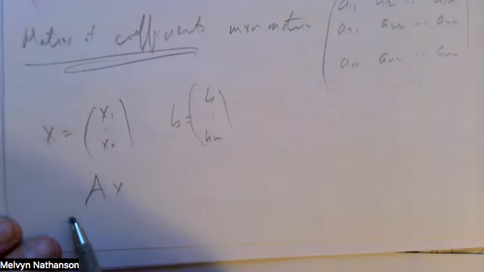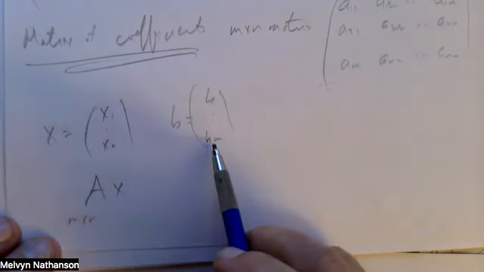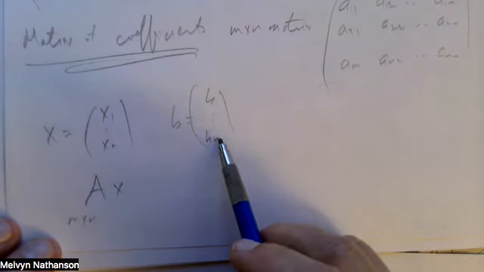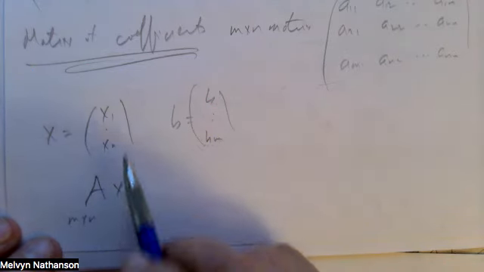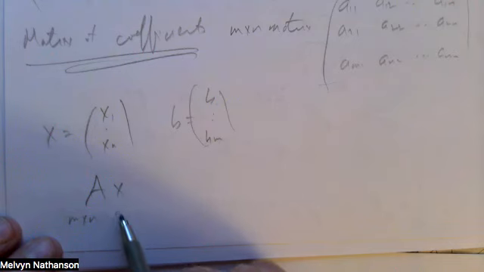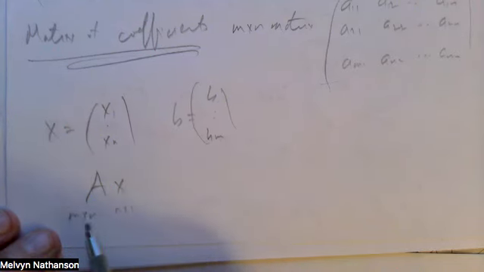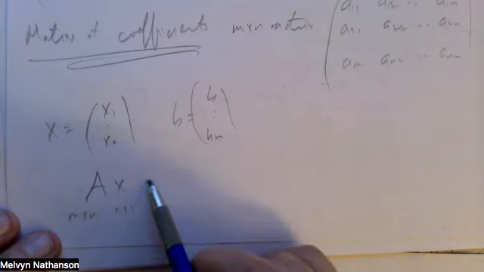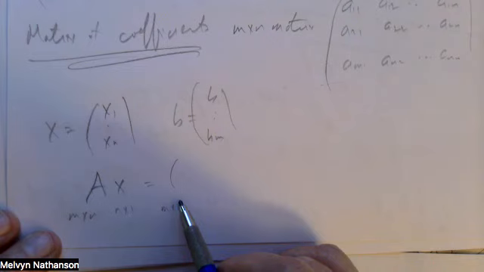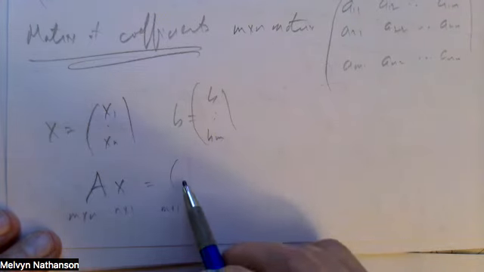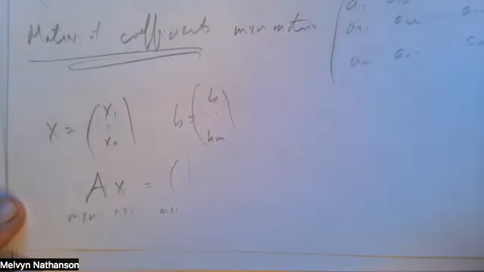So A is an m by n matrix. X is a column vector with n rows. X is n by 1. So I can multiply A times X. What I'm going to get is an m by 1 matrix, which is an m-dimensional column vector. Let's just actually carry out this multiplication.